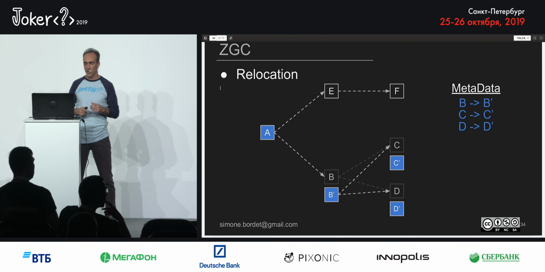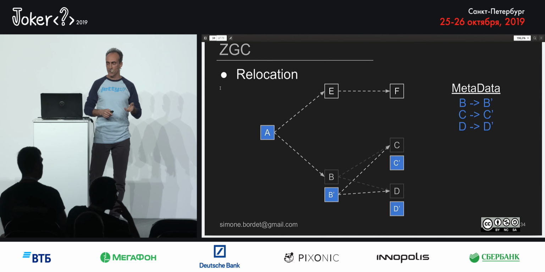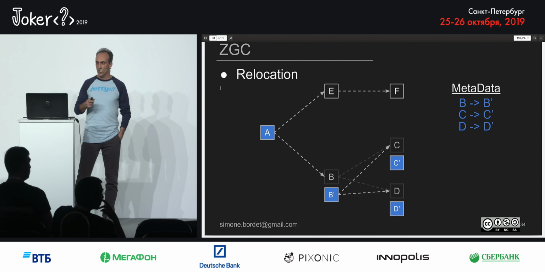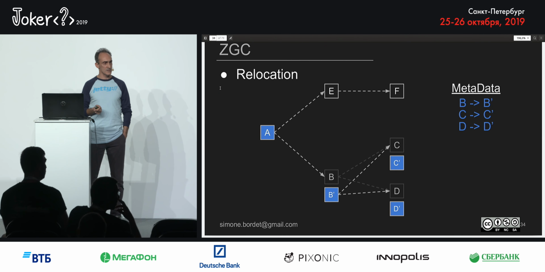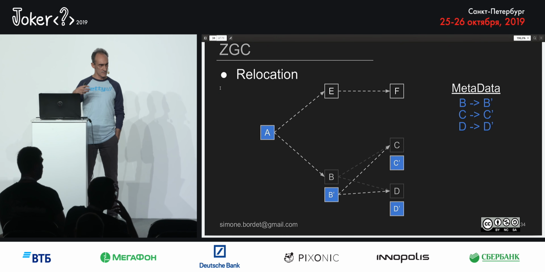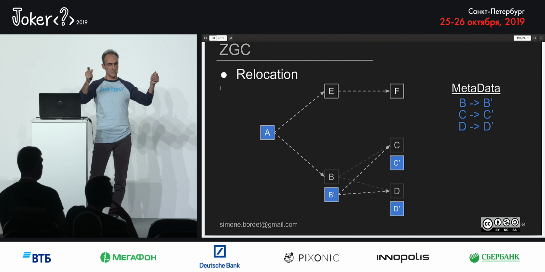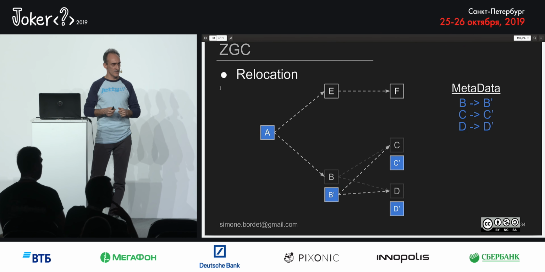Let's leave it there. But then it navigates to the children and finds object B and says, okay, B needs to be relocated. So what it does is copy the object into the to-space in a new page, but then stores on the side metadata that says, okay, the address of object B is now B prime, all right?